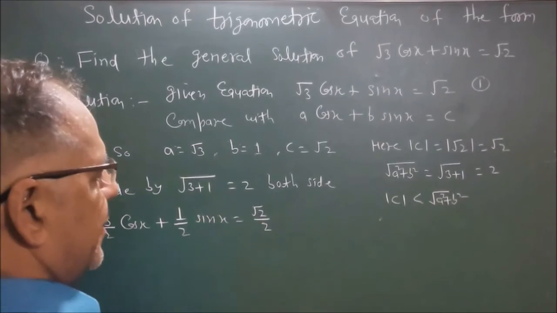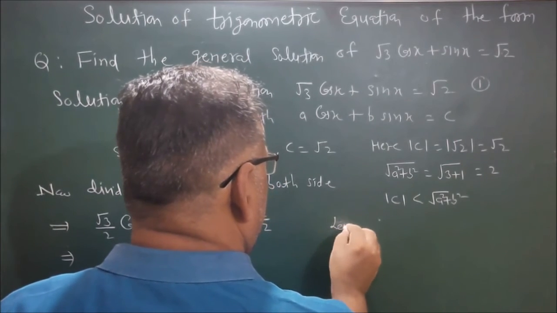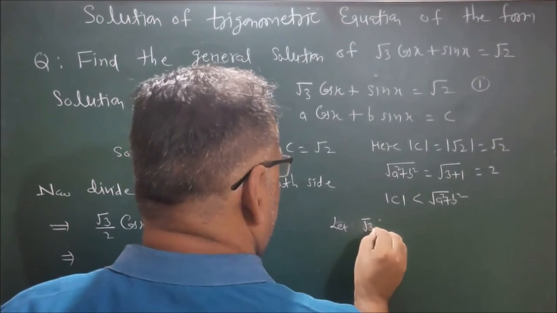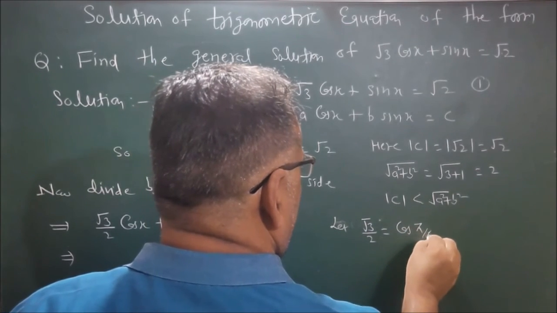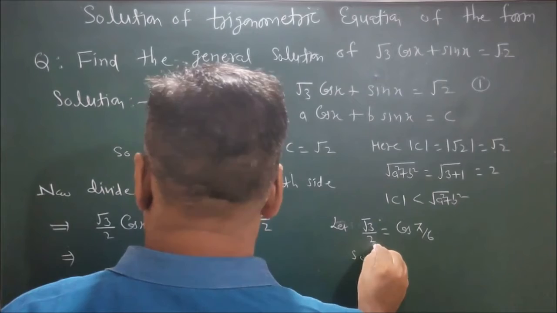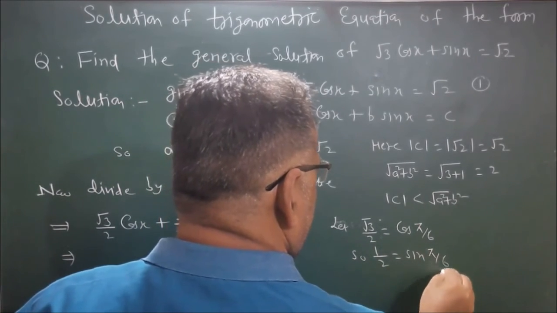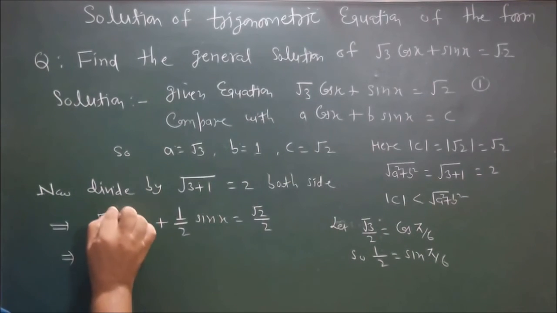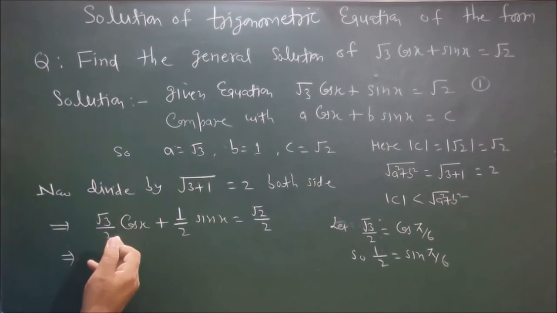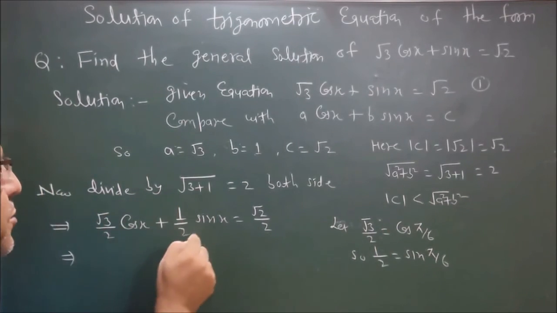Now in this step assume root 3 by 2 equal to cos pi by 6. So 1 upon 2 equal to sin pi by 6. In the algorithm we take root 3 by 2 as cos alpha, but this is the trigonometric ratio value of cos pi by 6. So this is the value of sin pi by 6.